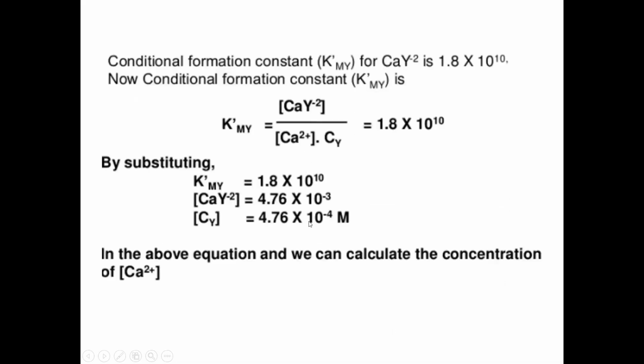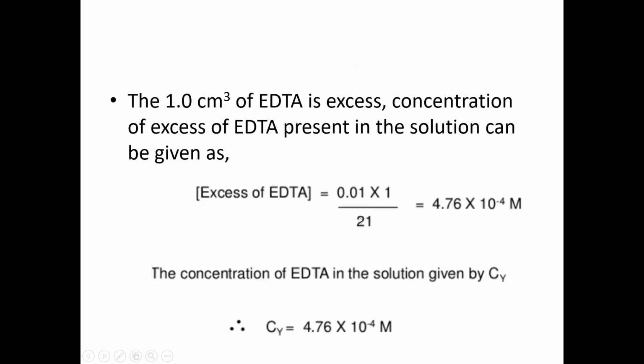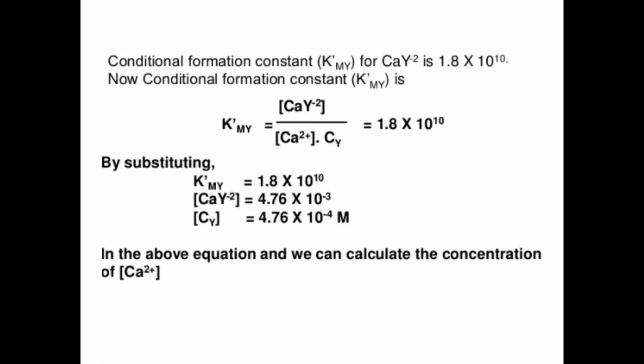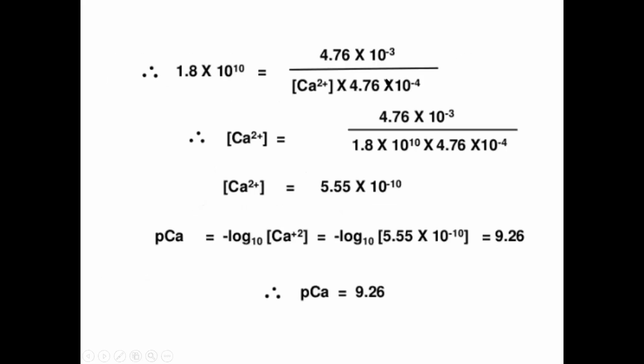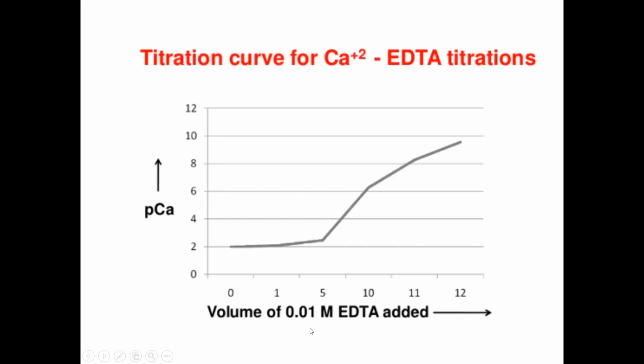Your CY is 4.76 times 10 to the minus 4, which we obtained here before, and you substitute that into the equation, you can get your CCa, and your minus log of CCa is going to be pCa. And this is an example of a titration curve of 0.01 molar EDTA with pCa on your y-axis.